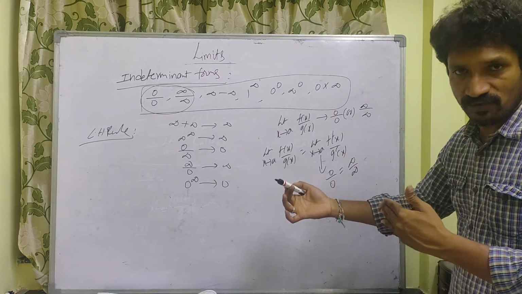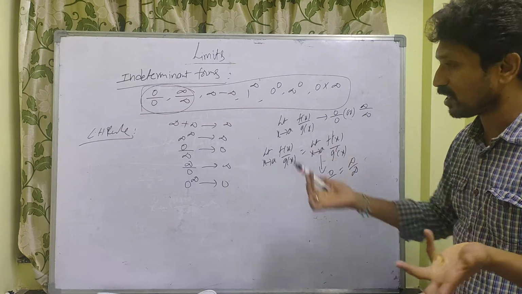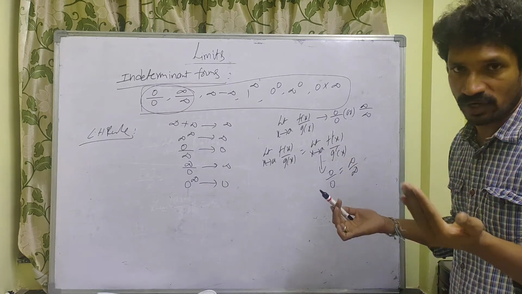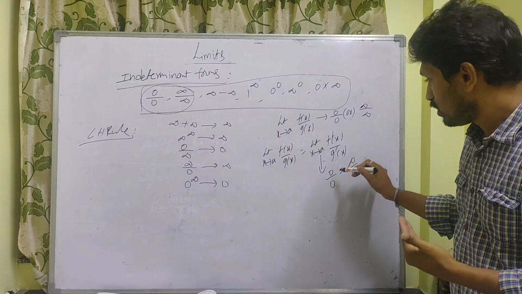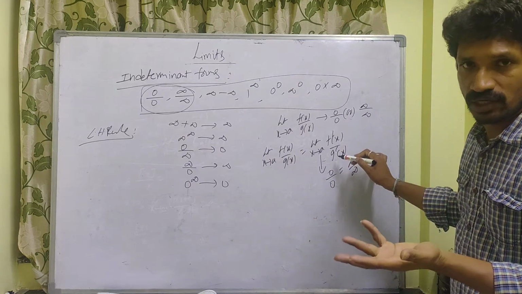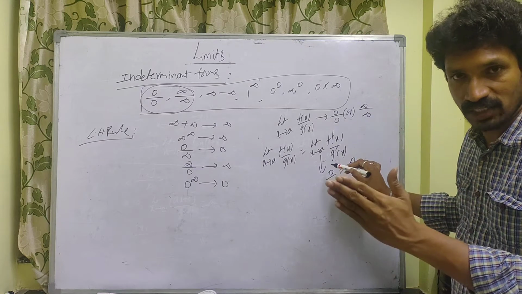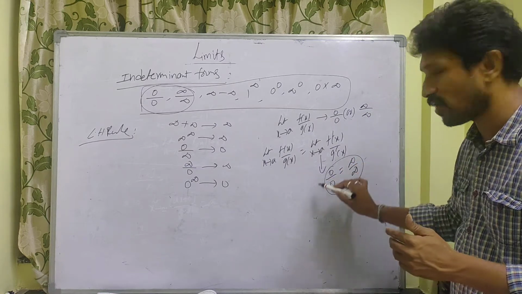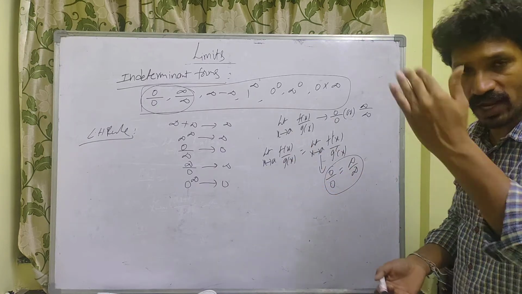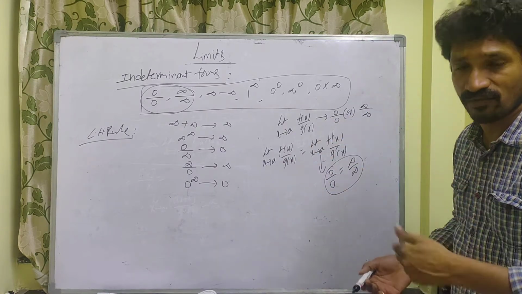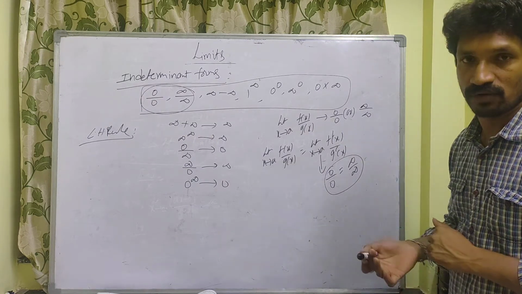If again you get some finite or determinate value, that is our required answer. If f double dash of x by g double dash of x is also in the form of 0 by 0 or infinite by infinite, again you have to apply the next derivative. Like that, continue the procedure until you get the finite value. Getting clear? This is the L'Hospital rule.